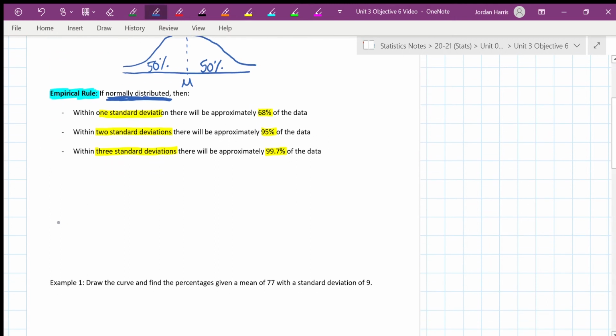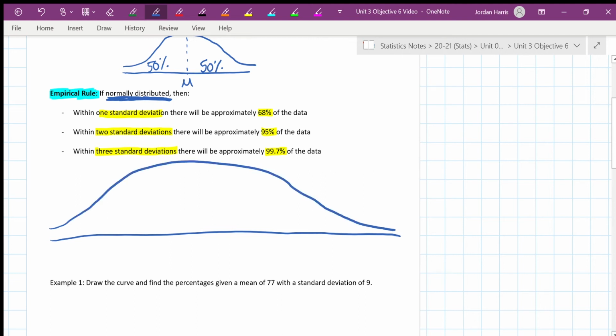So I'm going to make a really short but long normal distribution. It has to be normal. Right in the middle is my mean. You can use whatever symbol you want. I'm going to use X bar this time because it's the same, right? The mean.